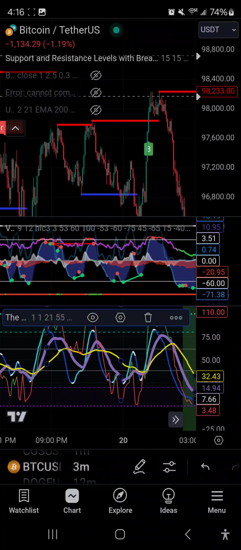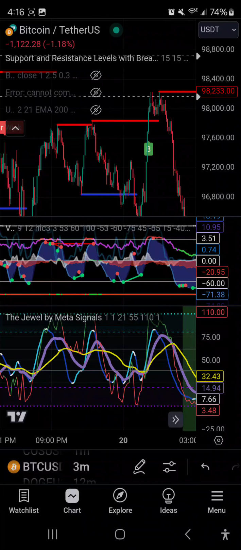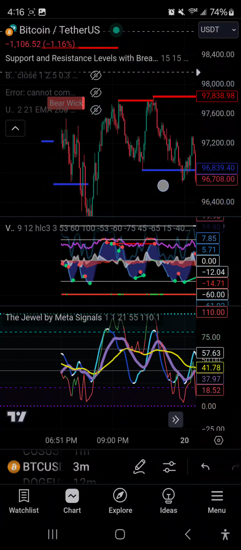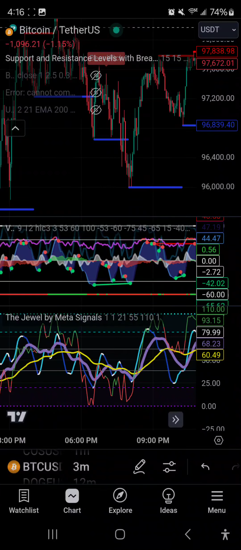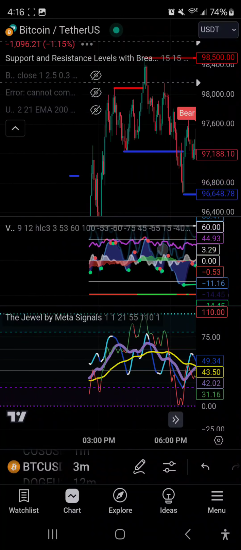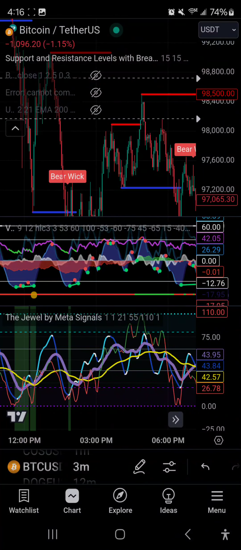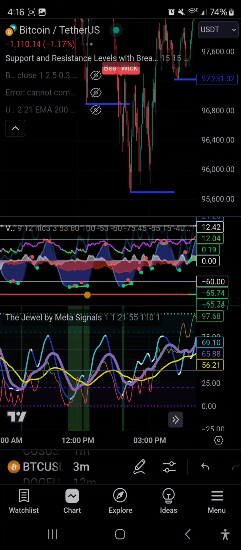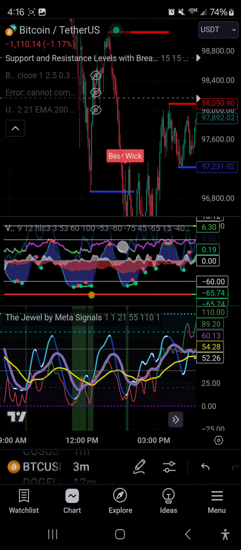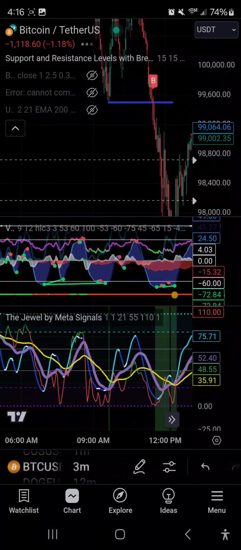Now, this Jewel by MetaSignals is a premium indicator, but we can have it fire off signals. And those signals could potentially be fired off in the algorithm that you discover and reverse engineer through your analysis.